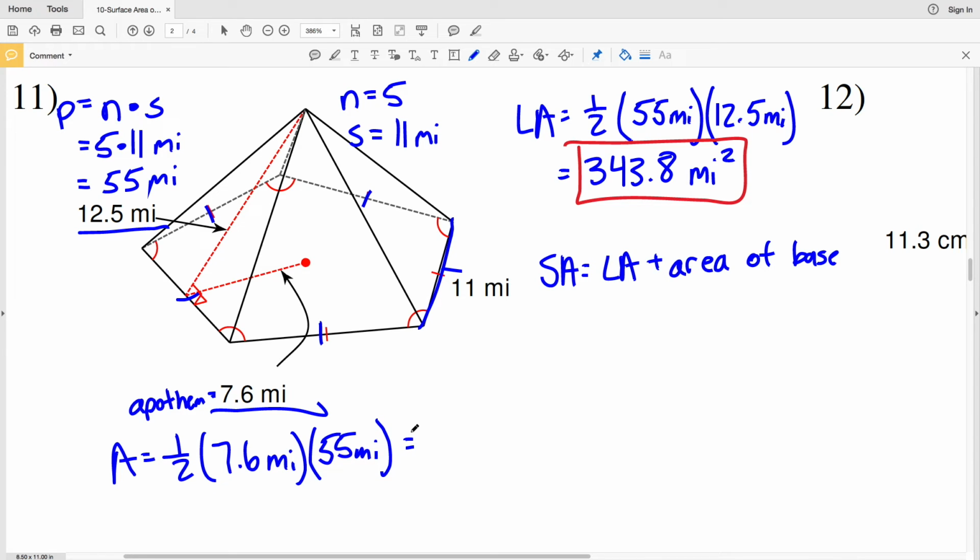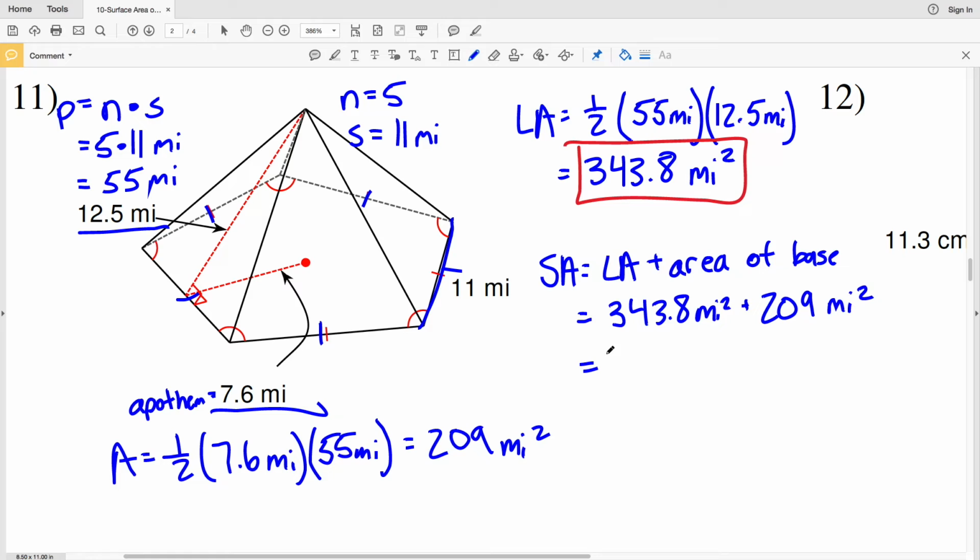Therefore, the area of the base, 1/2 times 7.6 times 55, is equal to 209 miles squared. So adding 343.8 miles squared to 209 miles squared, we'll get the total surface area of 552.8 miles squared.